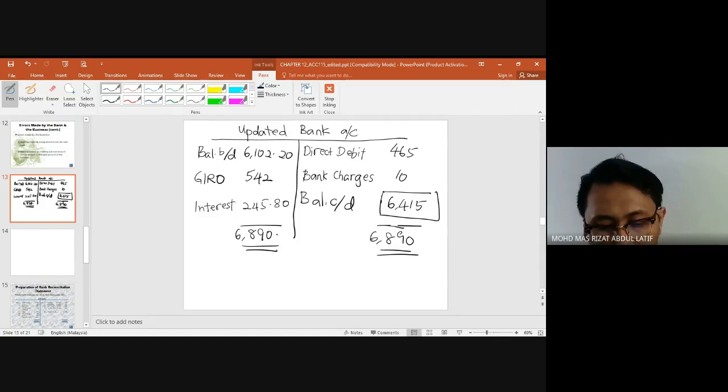So you tulislah sikit kat situ bawah RM100 tu uncredited check. Kemudian if they are credit item, so tengok dekat sebelah bank account sebelah kredit ada item yang you tak tick lagi, which is bank 89094, 300 ringgit. So yang itu you bulatkan dan namakan dia sebagai unpresented check.